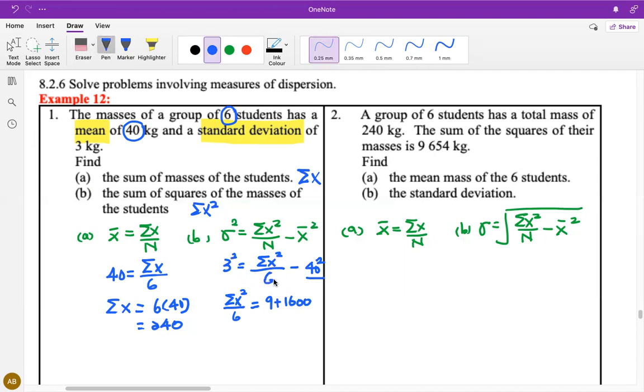So what we do is we add 40 squared on both sides, and you cancel out each other. So you get sum of x squared over 6 equals 3 squared plus 40 squared. So you get 1609. Therefore, the sum of x squared is 6 times 1609. So you get your answer.